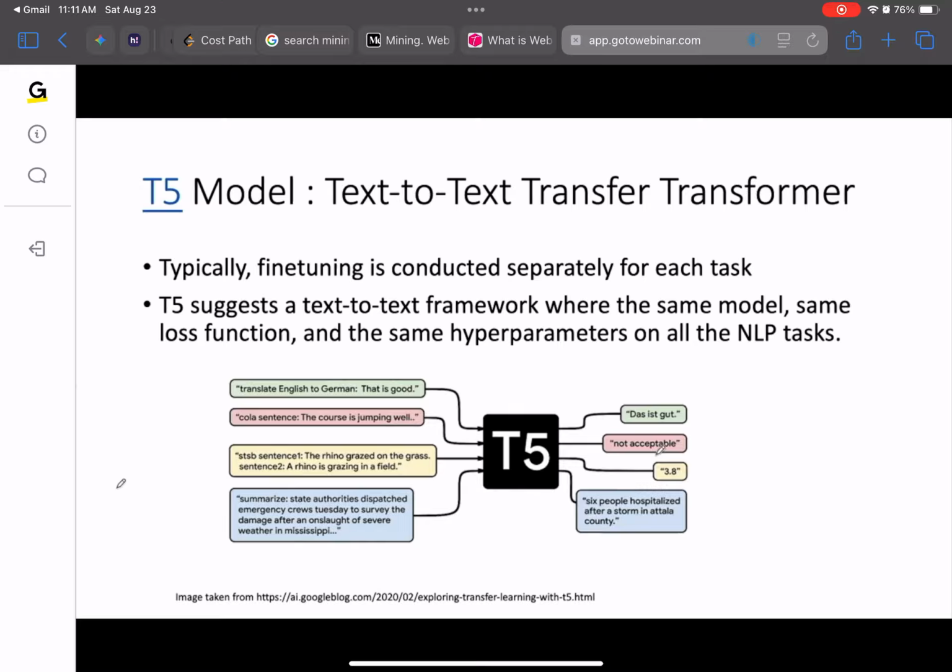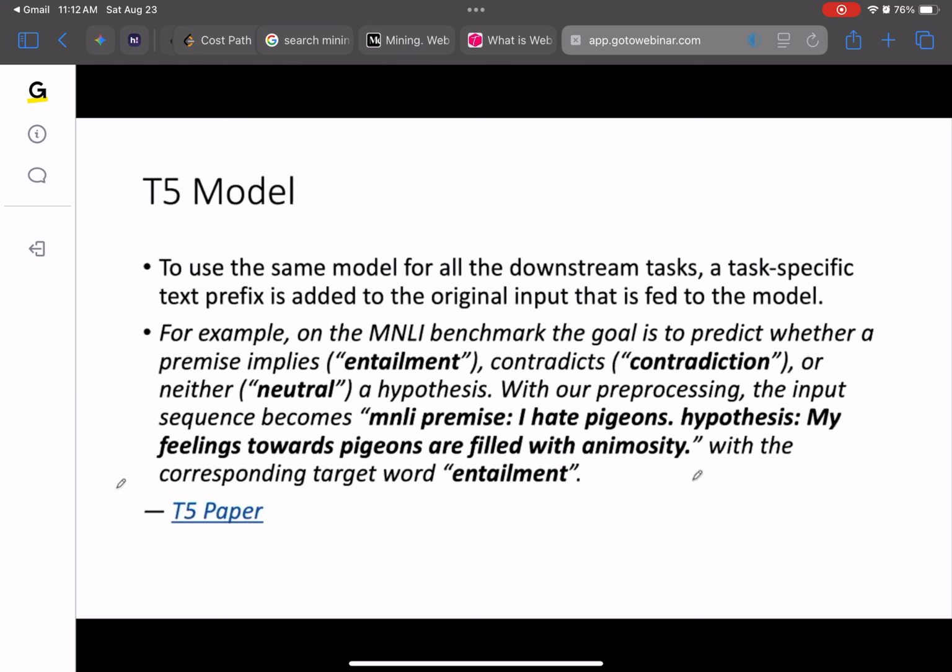Even then, we treat it as a string and try to predict it. If it's a real number, we convert it to a string. If it's a class, we convert it to a string. If it is a sentence, that is already a string. So this is the formulation in which the T5 model is built.